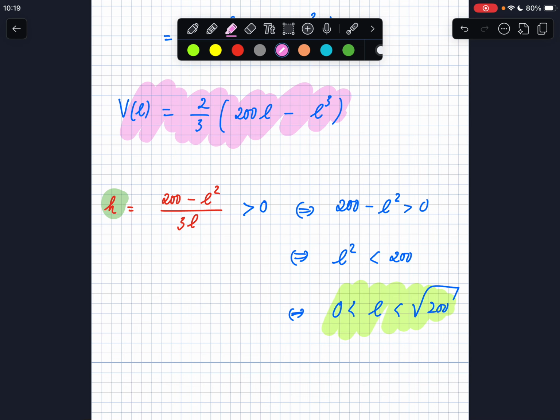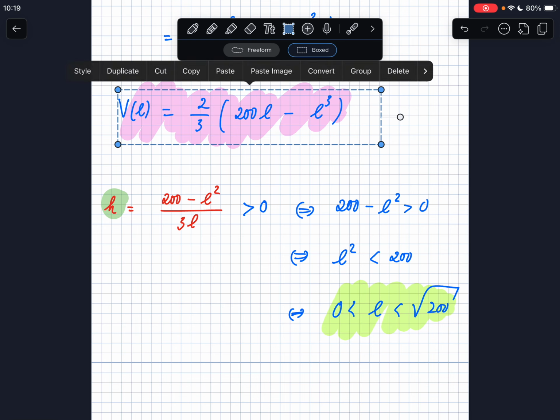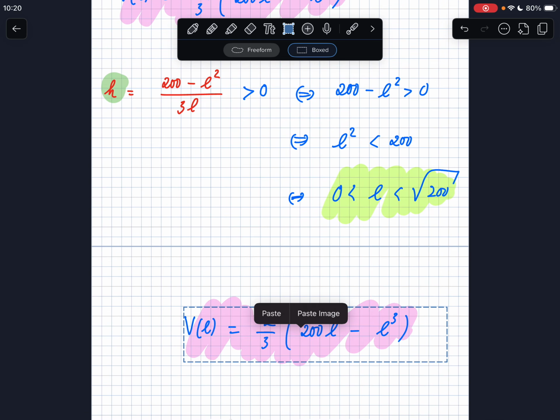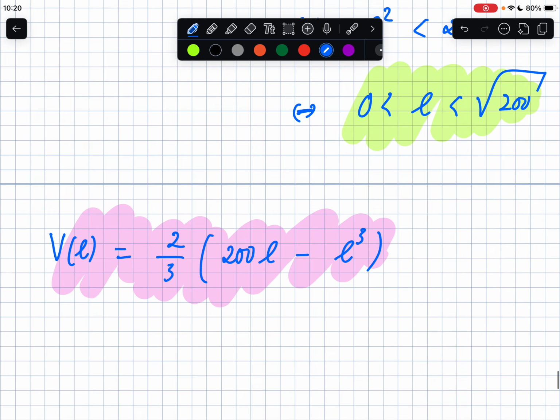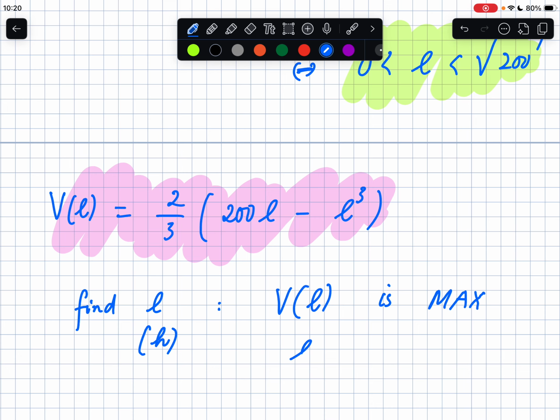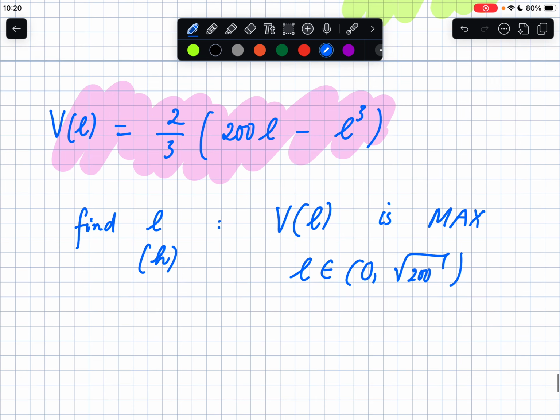What we need to do is find the values for the height or for the length so that the volume is maximum. So we want to find L and height such that V(L) is max, with L between 0 and square root of 200. Now this function is continuous on this interval.